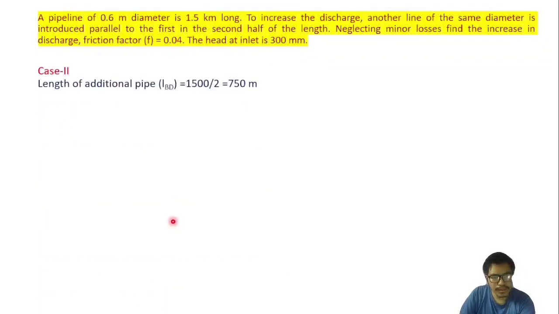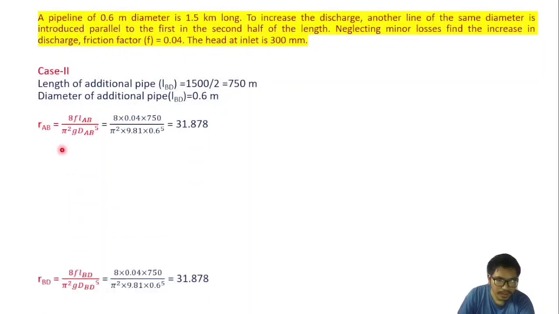So in the second case, the total length of pipe is 1500 meter, but it says the parallel pipe is connected in the second half of the length. So 1500 divided by 2 means 750 meter, and it is of the same diameter, that is 0.6 meter.